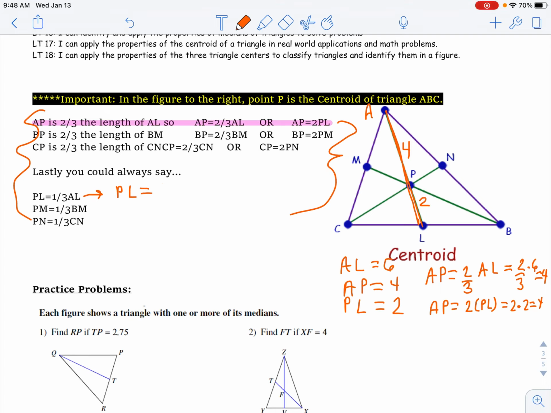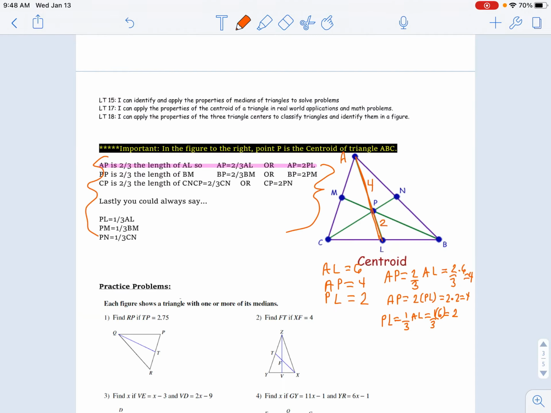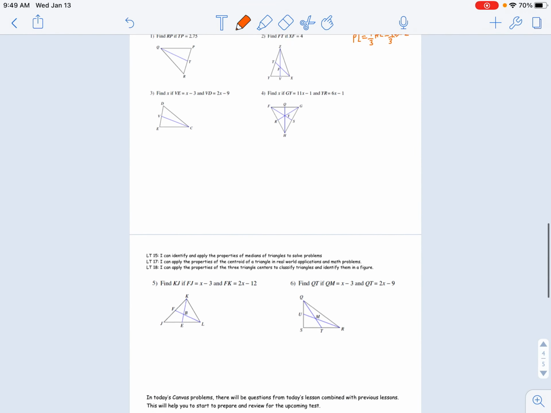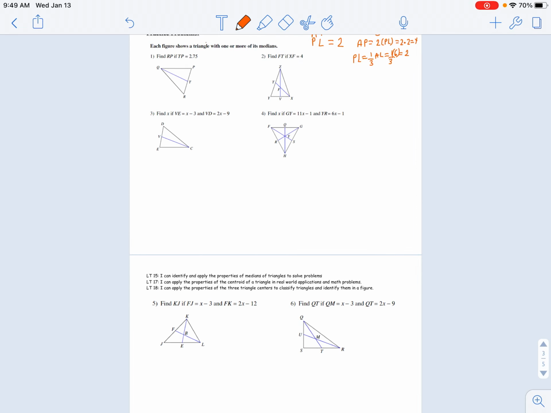You can say PL is 1/3 the length of AL, which is true because AL was 6, which makes that 2. All right, so there's intense ratios that tell you the length of specific parts of the segment, of the centroid, of the balancing point. Sounds difficult, but we're going to practice these all in depth and get really good at them in the next video.